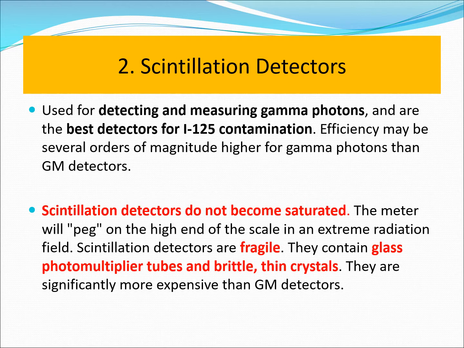If you use scintillation detectors, the issue of saturation will not arise. The meter will stay on the high end of the scale in an extreme radiation field. Scintillation detectors use scintillators, which we'll see in the next slide.